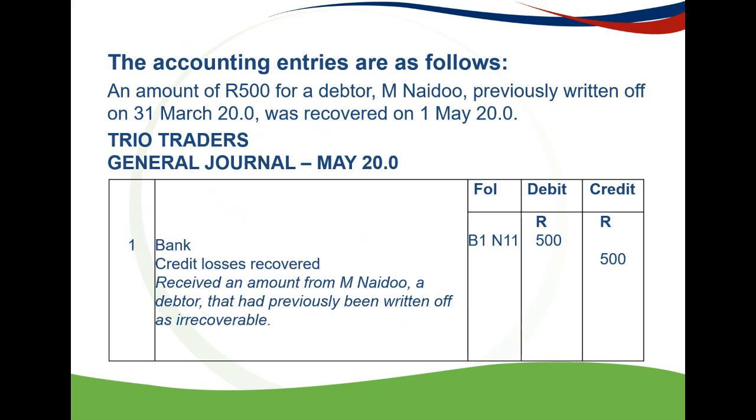Therefore, my bank I must debit with 500, and my credit losses recovered I must credit with 500. Like we explained previously, my bank, an asset, increases with 500, and my income is the credit losses recovered account, which I credit with 500 Rand.